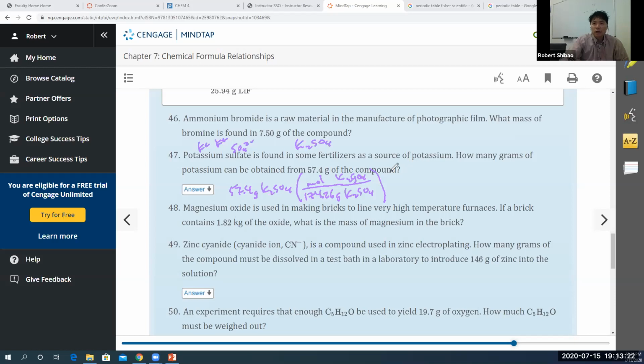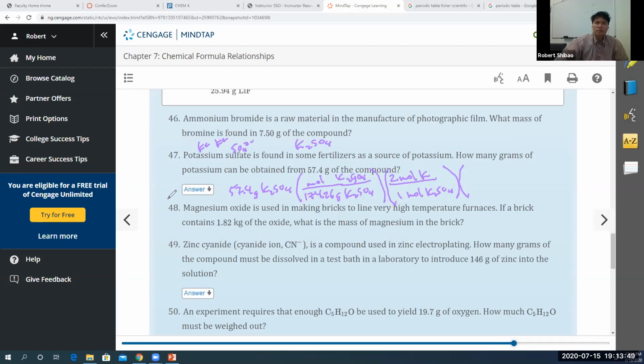Okay, then what I do is this. I say that for every 1 mole of K2SO4, how many moles of potassium do we have? We have 2 moles of potassium, potassium ions to be more specific, but we'll just write it as K. And then we go to the molar mass of potassium.